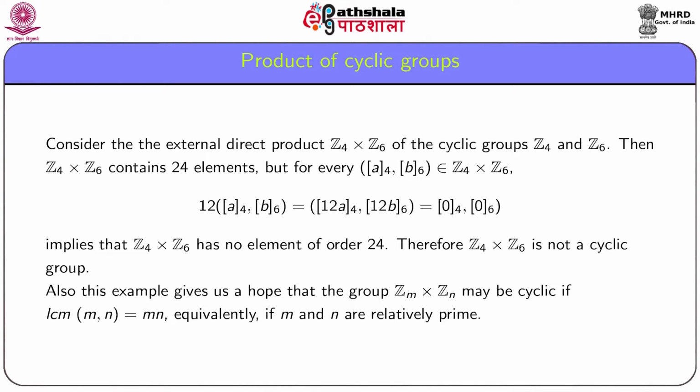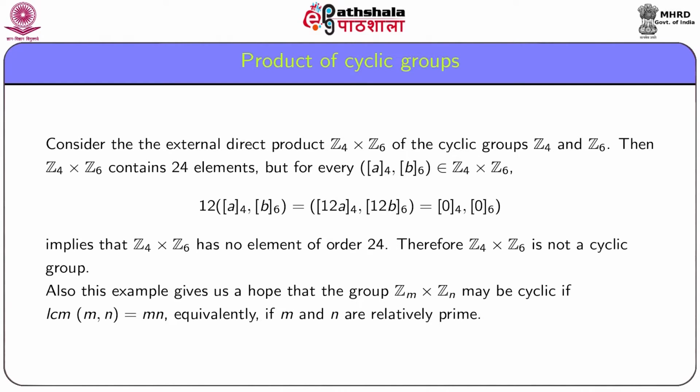Recall that a finite group G is a cyclic group if and only if it has an element having order the same as the number of elements in the group G. So, for Z4 cross Z6 to be a cyclic group, it must contain an element of order 24.